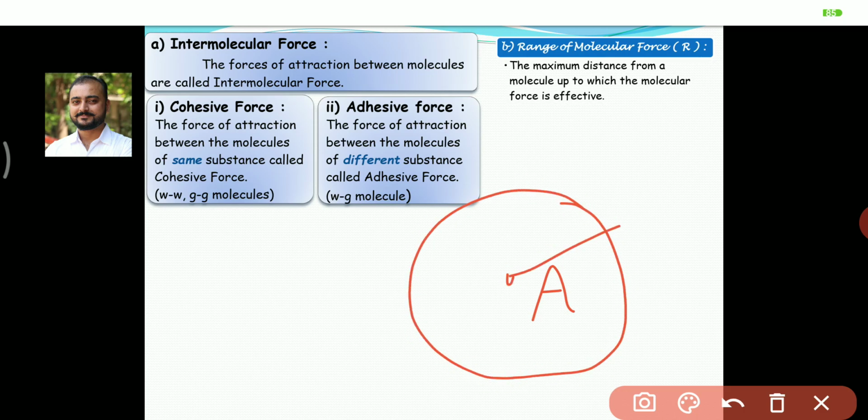This distance, in all possible directions, is called the range of molecular force. Remember the definition: the maximum distance from a molecule up to which the molecular force is effective.